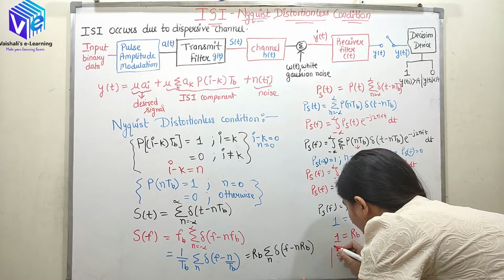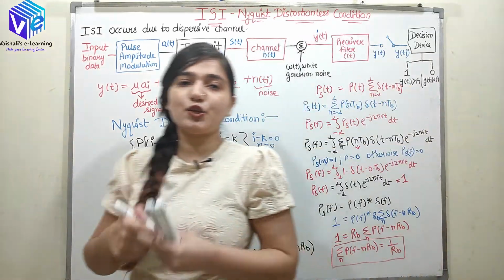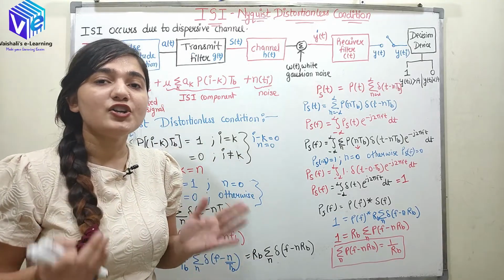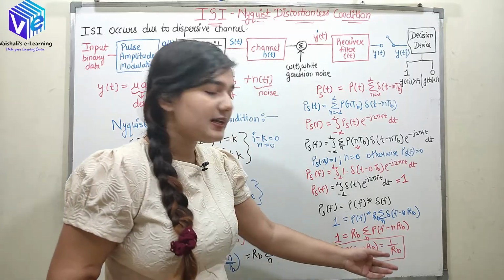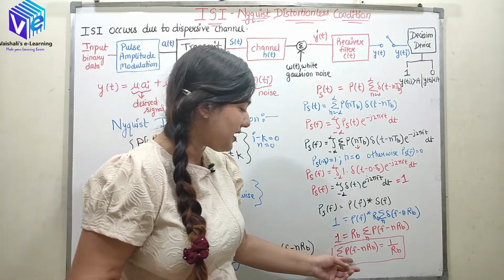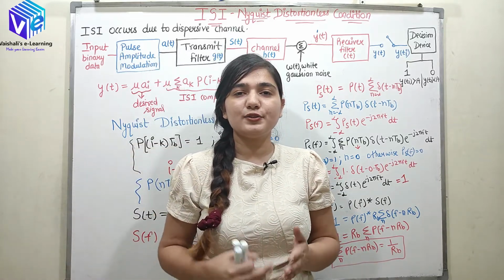So this is called the Nyquist distortionless condition. So this is also used for shaping the pulse. So 1 upon RB is the limiting factor over which I have to do the summation of P(f minus nRB). So I hope you understood this derivation.